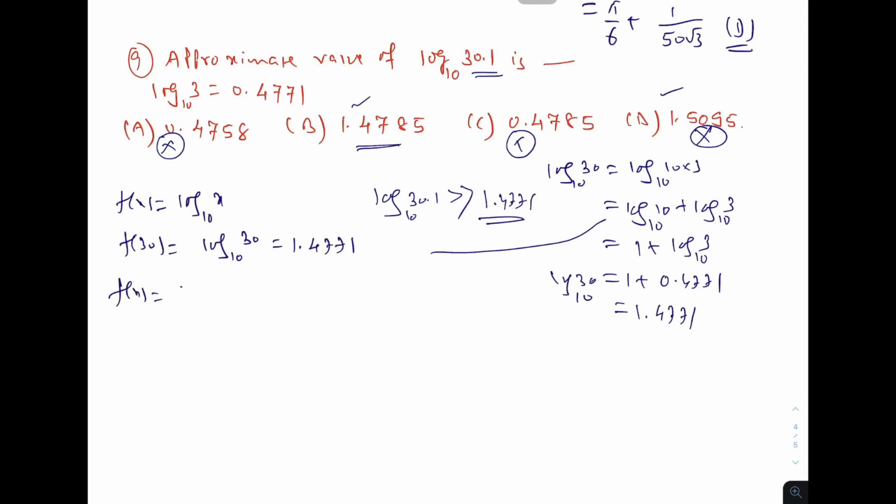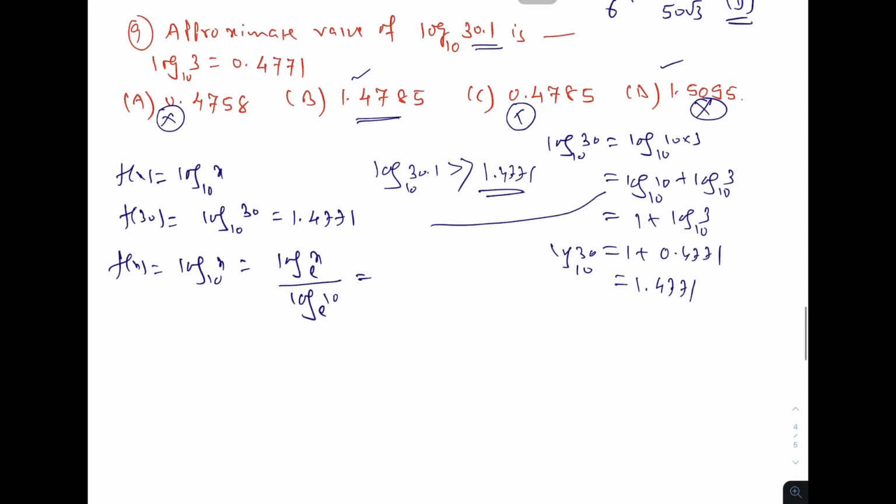Now f(x) equal to log x base 10, we can write this as log x base e over log 10 base e, and so this is equal to log e base 10 into log x base e. Now log e base 10, we know that is standard, 0.4343, into log x base e.